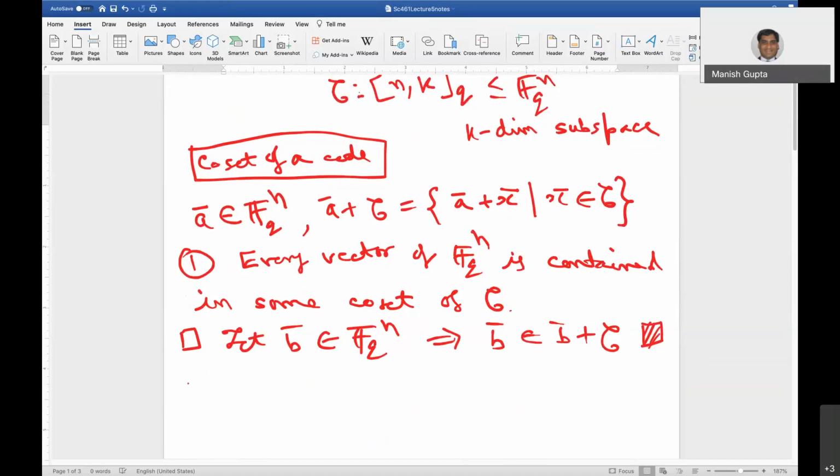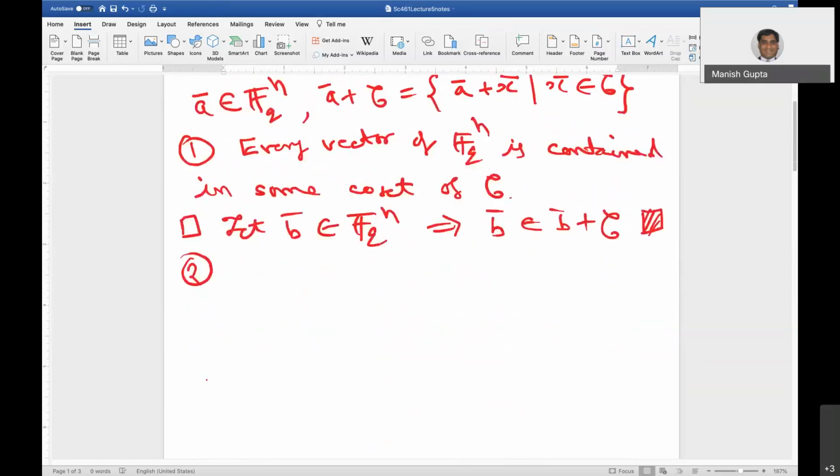The second property says that if B belongs to some coset, I am taking any vector in the coset.